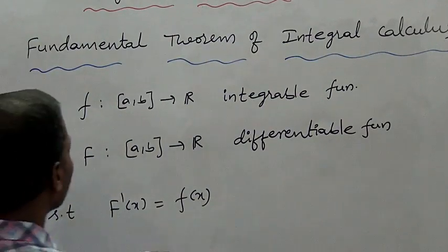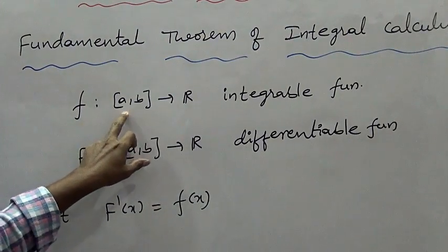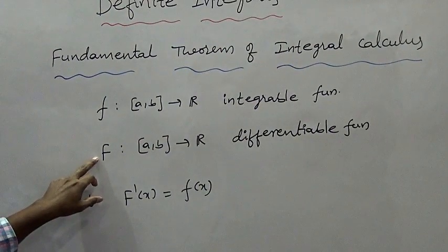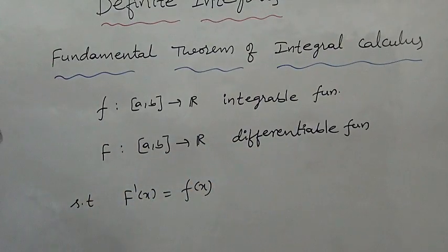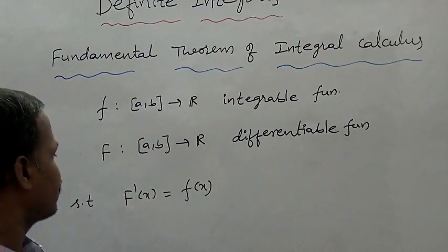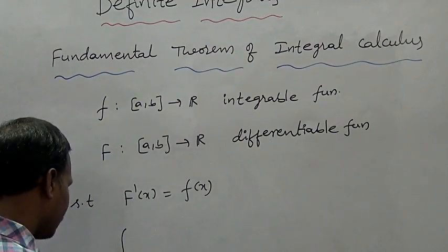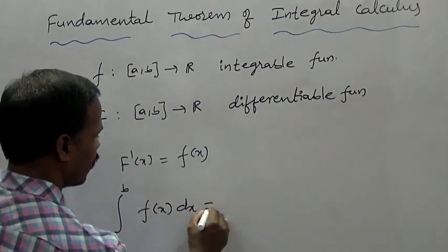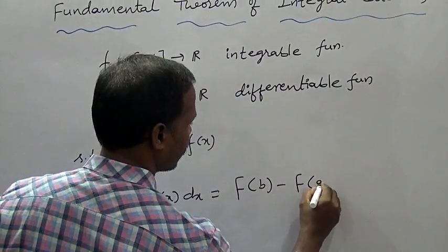So what we have to take? If f is a mapping from the closed interval a comma b to R, an integrable function, and if capital F from closed interval a comma b to R is a differentiable function such that F dash x equal to f of x, then integral a to b f of x dx equals capital F of b minus capital F of a.